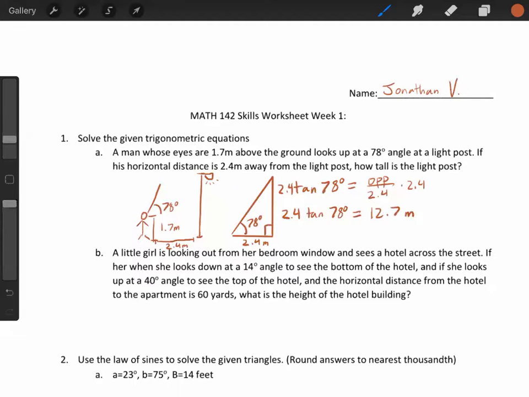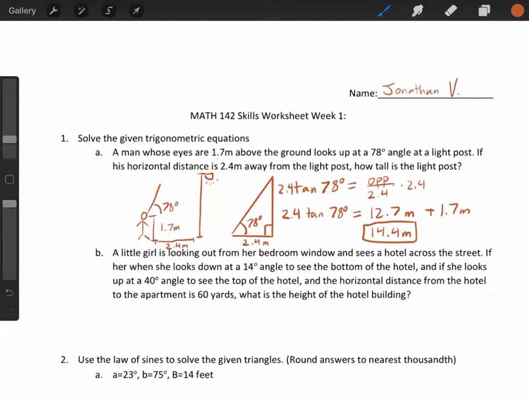12.7 meters. However, this is not done. This is not the last step. Because in the beginning, we're told that his eyes are already 1.7 meters above the ground, and that's our point of reference. So we add the 1.7 meters. We get our final result of 14.4 meters.